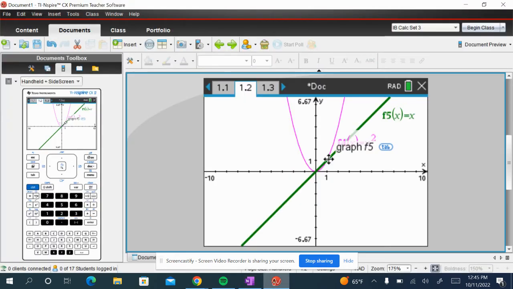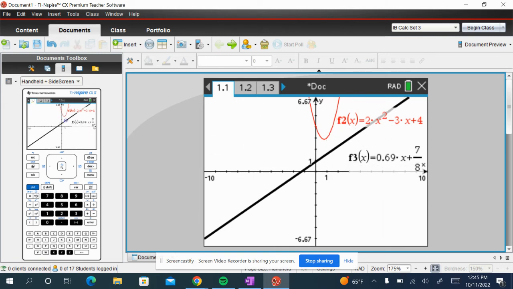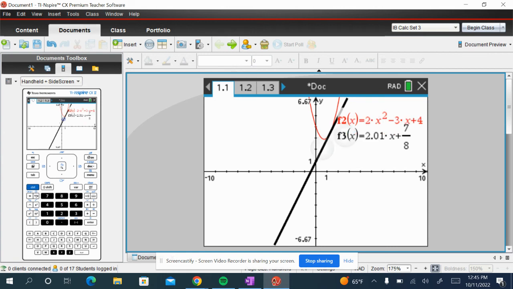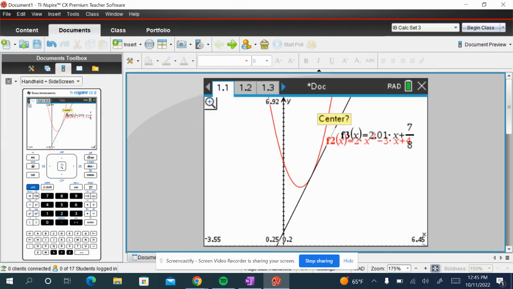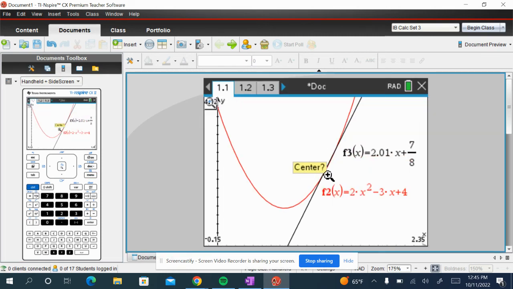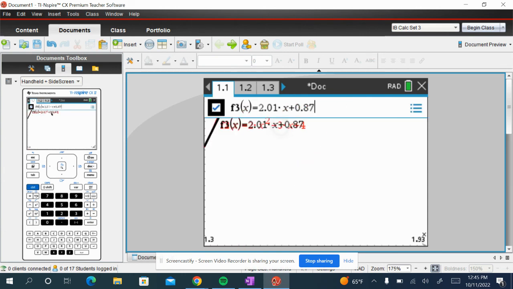Let's go ahead and check and see. Oh my gosh, it is. Check it out. If you zoomed way in, I didn't mean to move the line, but if you zoomed way in, you would see that they are, in fact, tangents. Other than the fact that I moved this guy on accident with my hands, but they are tangents. Let's go back in and fix it.